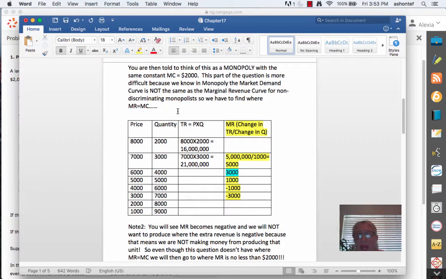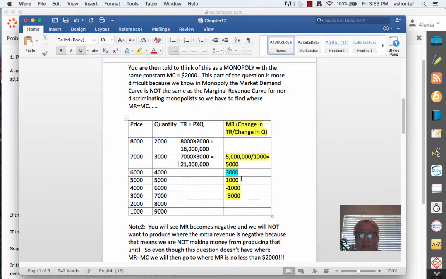But sometimes it can happen that you won't have a place where marginal revenue and marginal cost are exactly one and the same thing. If you look at your marginal revenue column, there's actually no marginal revenue of 2,000. There are these different levels, and then there are some that are negative, which we know we'd never want to go to, where we're getting a negative revenue. The other thing we know is you don't want a marginal revenue of less than $2,000 if the cost to produce that last good is 2,000.